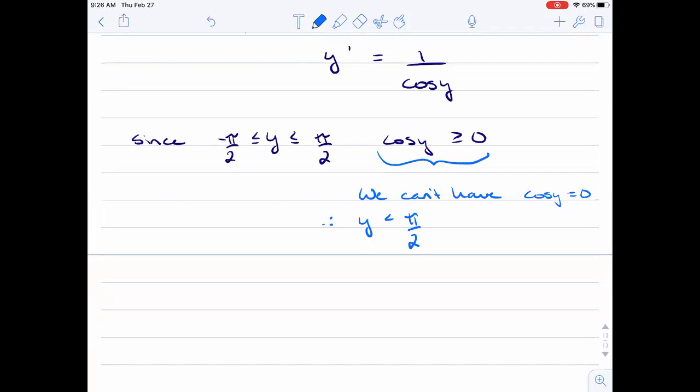Because it's at pi over 2 that it's going to fall apart. Because that's where cos pi over 2 is 0. Up here.